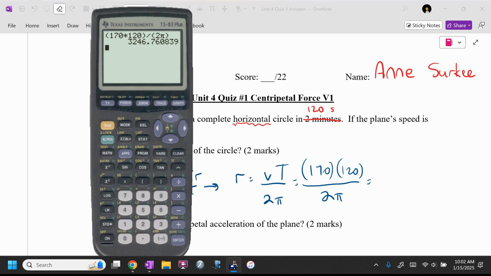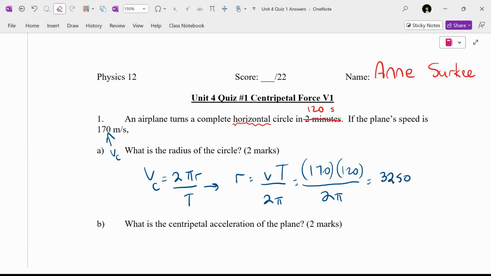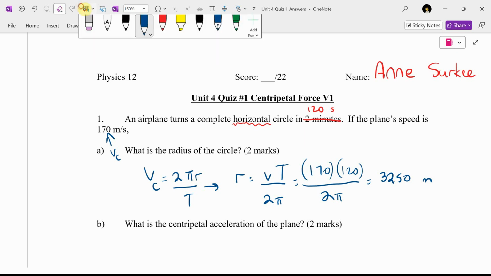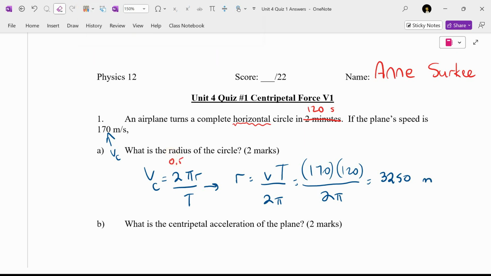It would probably take a big circle of a few kilometers. Otherwise, you'd be pulling too many G's. So I'm okay with that. I'm going to write it as 3,250. Is that right? I think, yes. Okay. I would probably give you half mark for that, half mark for the numbers, and a half mark for the answer.